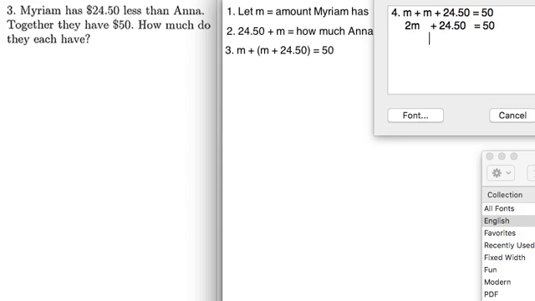First, I'm going to subtract 24.50 from both sides. That leaves just 2M. Over here I have 50 minus 24.50, which gives me 25.50. So if 2M equals 25.50, let me divide both sides by 2, which leaves me M all alone, which is what I wanted. And on the right side I have 12.75.